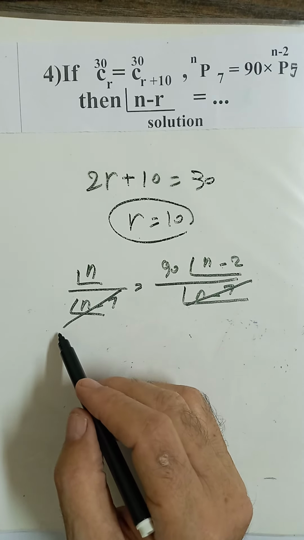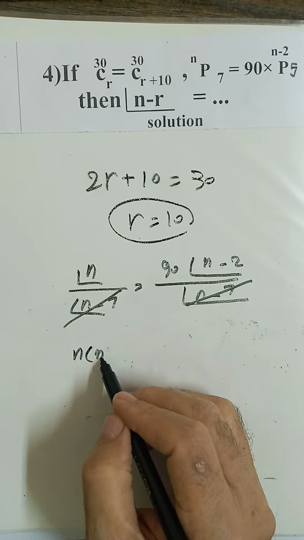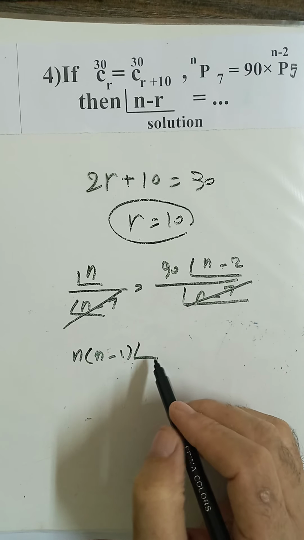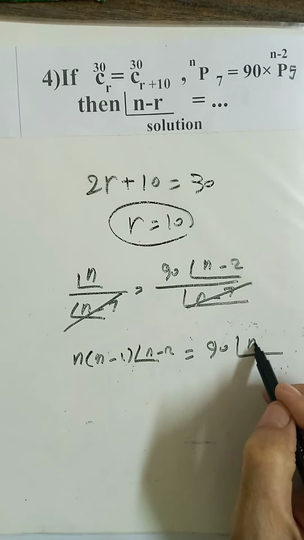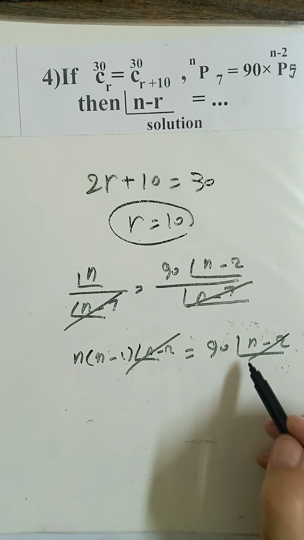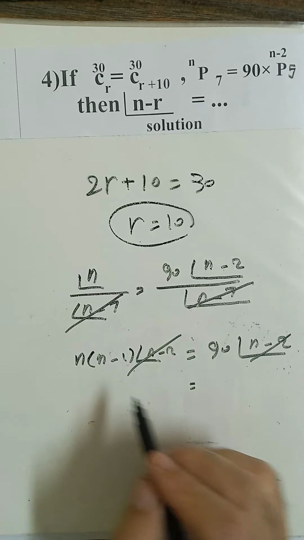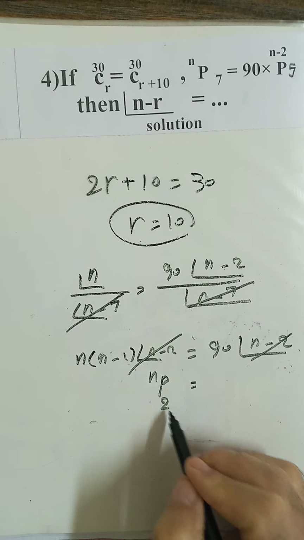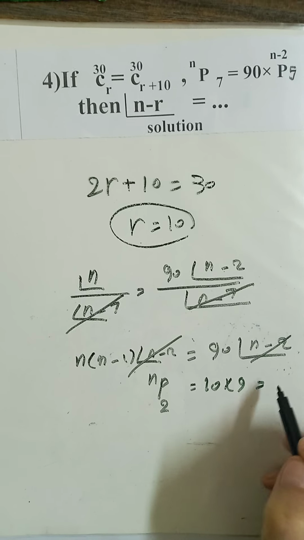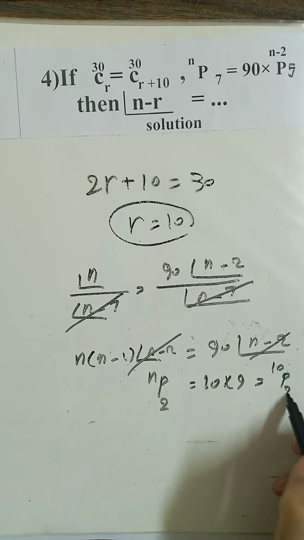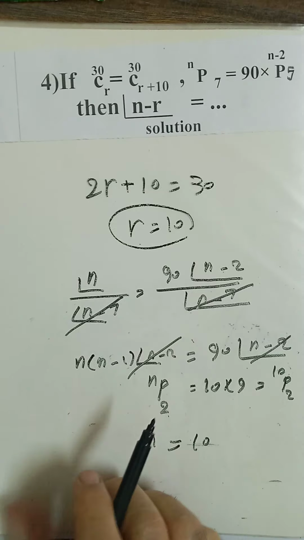Cancel this out, n and n minus 1 inside. n minus 2 equals 90 factorial n minus 2. Cancel. n times n minus 2. You can write this in the form nP2. 90 equals 10 times 9 equals 10P2. Therefore n equals 10.